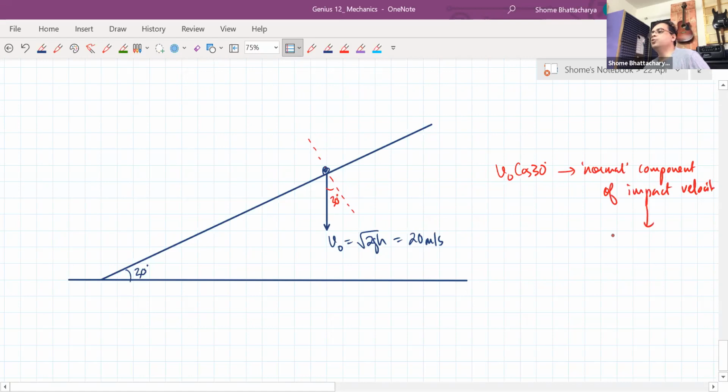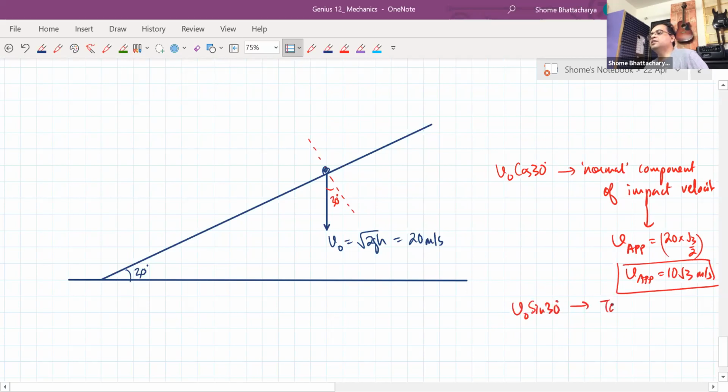So it is in fact the approach velocity. So V approach is equal to 20 into √3/2, so 10 √3 meters per second. That is my V approach. And I can also see that V naught sine 30 degrees will be the tangential component.